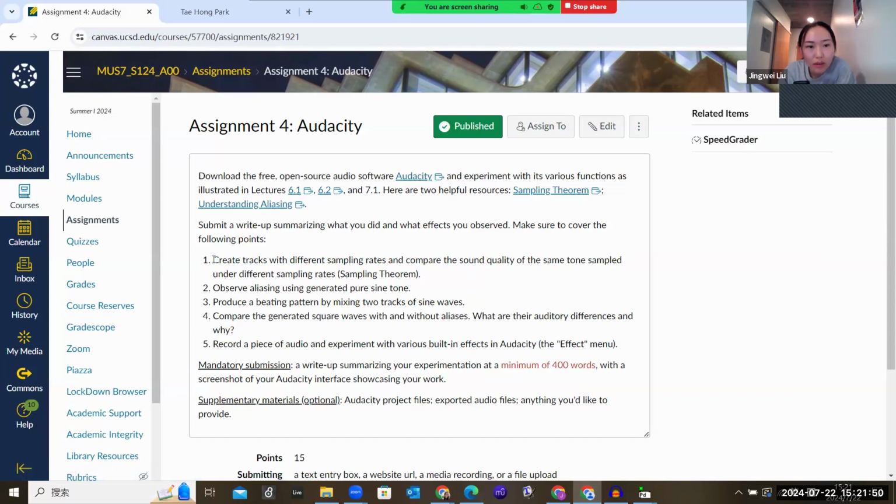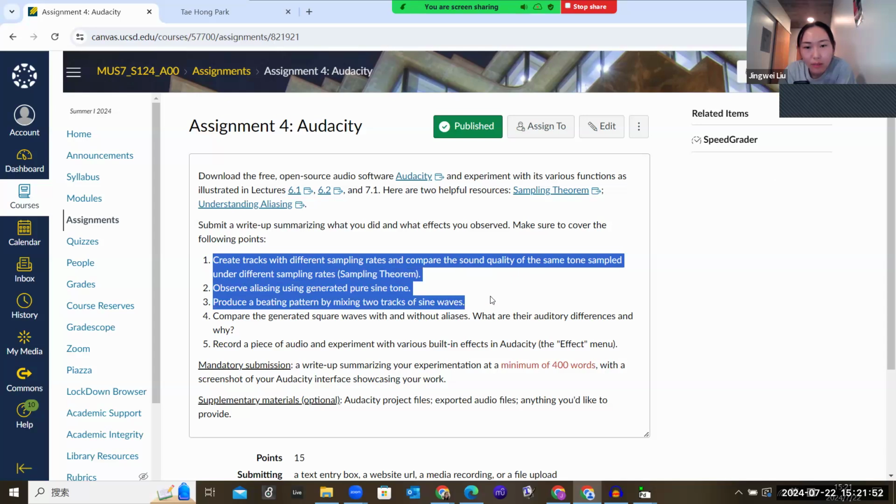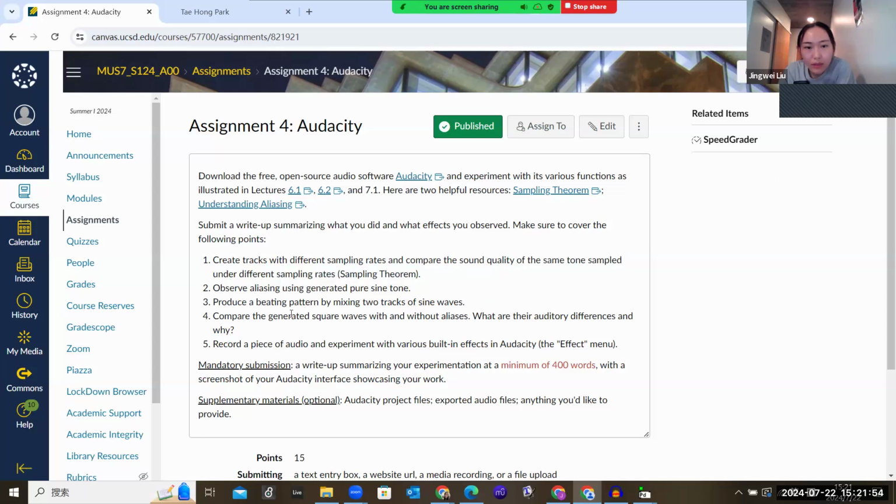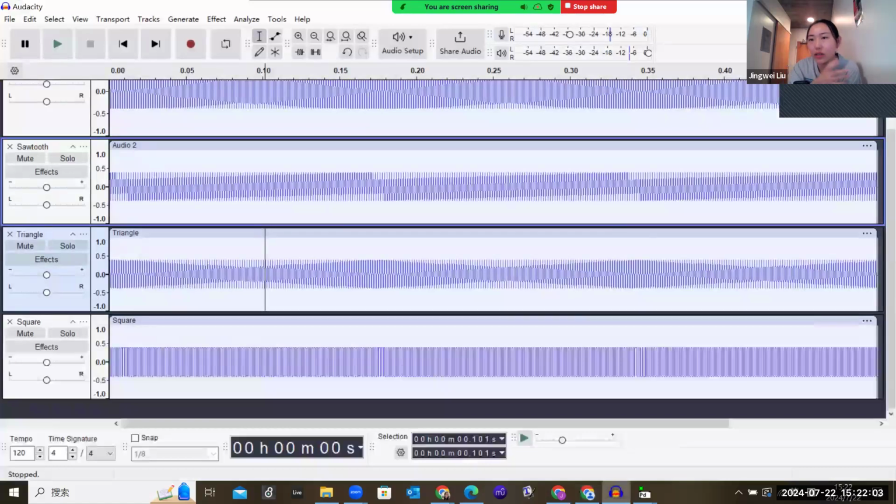We already talked about the first 3 points in our previous lecture. And I'll also briefly address the square waves with and without aliases. Since we got into more details about additive synthesis, I think we have a better understanding now about what is square alias, what is square without alias.